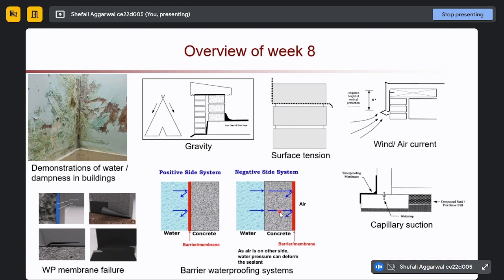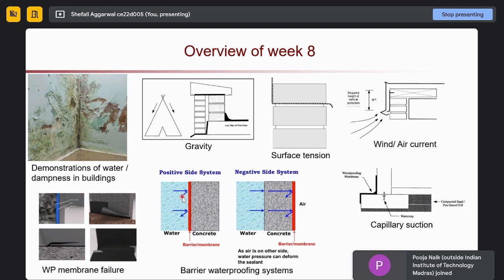Mainly negative side waterproofing is applied on basements, where we can't go outside the concrete surface. And positive side waterproofing we can apply on buildings which are on the surface, or whose outer side is accessible to us, where we can go.